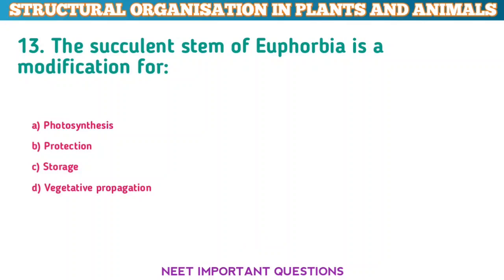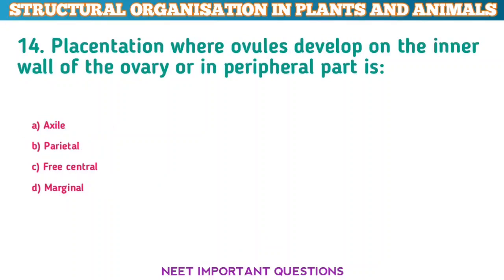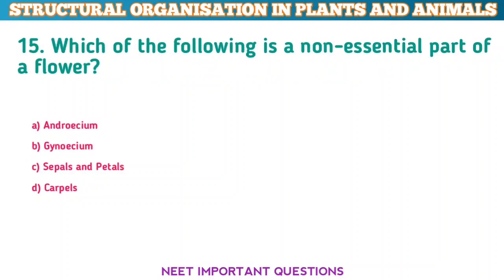Answer. A. Photosynthesis. 14. Placentation where ovules develop on the inner wall of the ovary or in peripheral part is. Answer. B. Parietal. 15. Which of the following is a non-essential part of a flower?